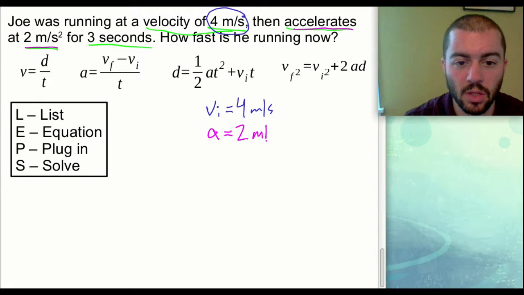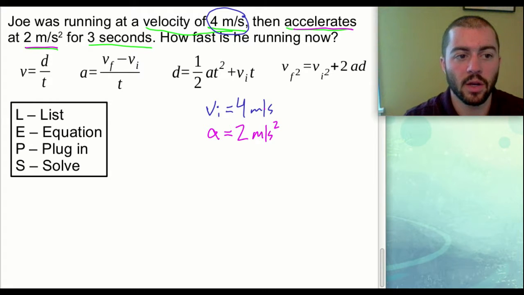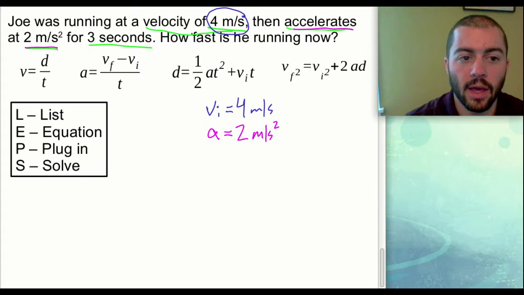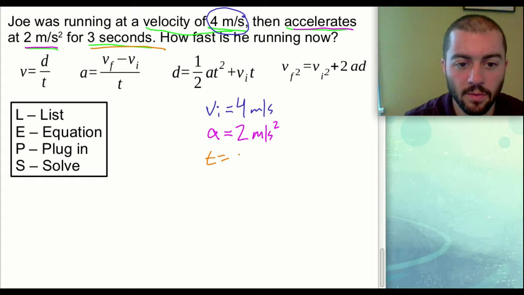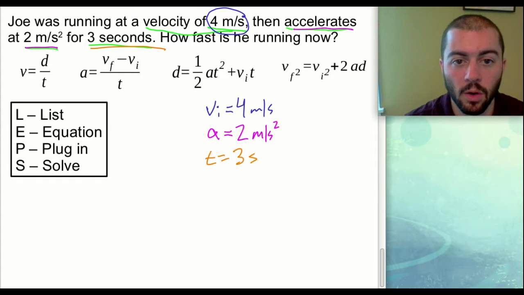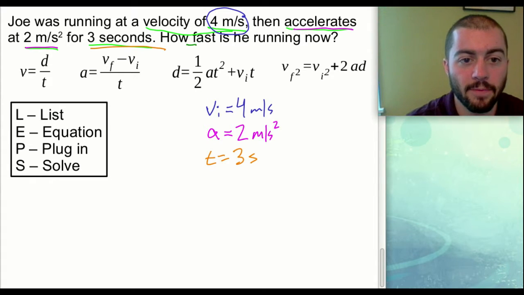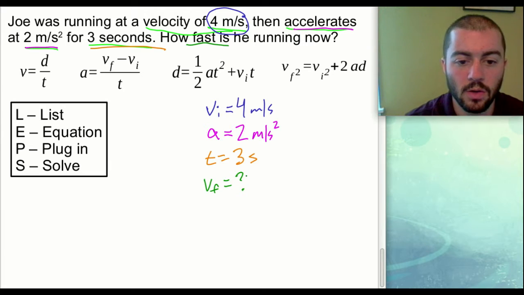Tells us that 2 meters per second squared is our acceleration. And then we have a time span of 3 seconds, so we know our time for this problem is going to be 3 seconds. And then the last thing here is the variable that we're looking for, which in this case is how fast is he running now, so that would be our final velocity. And that's our unknown, so we'll be looking for that when we go to plug into our equation.